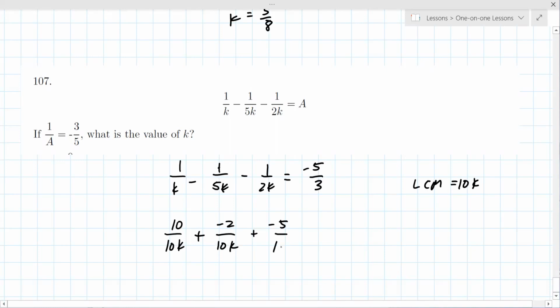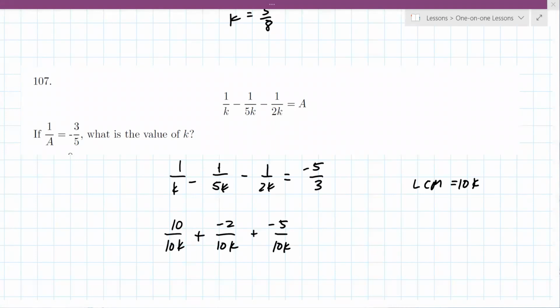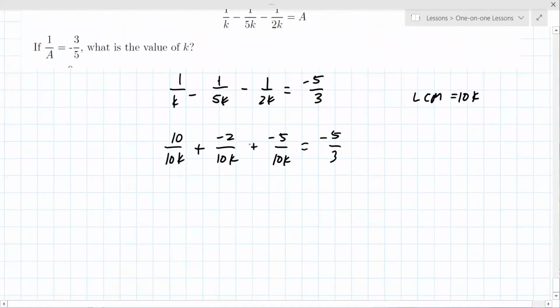I got 3 over negative 25. This one doesn't work out great. Did you get negative 9 over 50 at some point? No. Okay. I got 6 over negative 50. Okay, so probably a small error. So if you got to this step here, you should reduce this to 3 over 10k equals negative 5/3. Yeah, I got that.